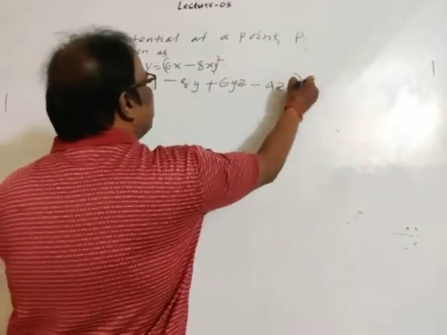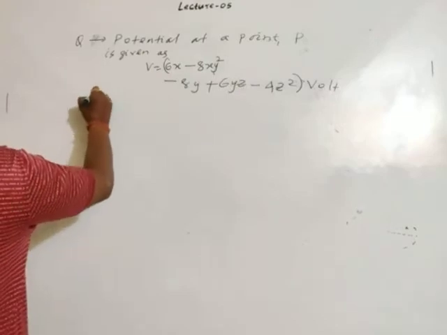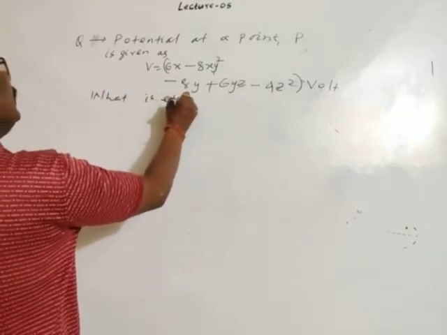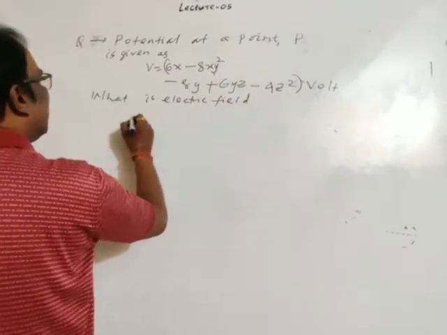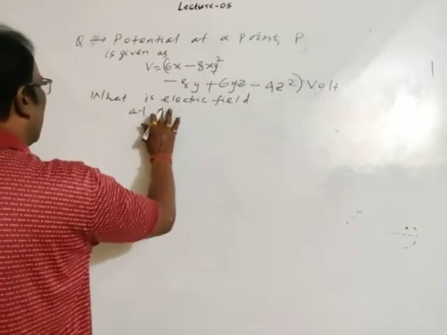Suppose this is given in volt. Find, or what is, the electric field at the origin?